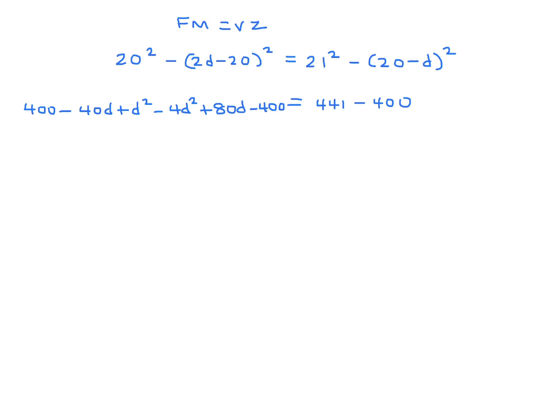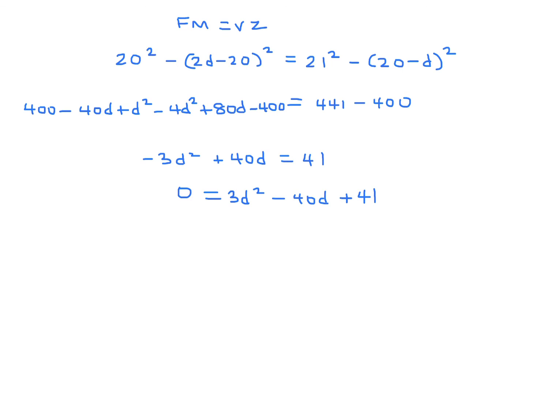Okay, now let's collect like terms. Let's see, the 400s cancel. I get here minus 3D squared plus 40D, and on this side I get 41. Put everything on one side, and I get 3D squared minus 40D plus 41.